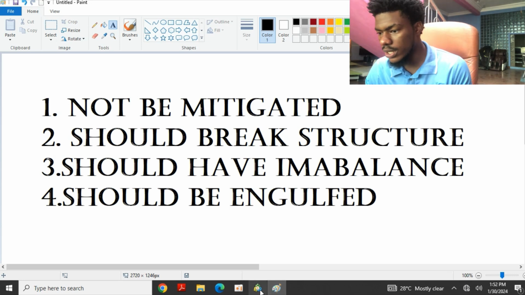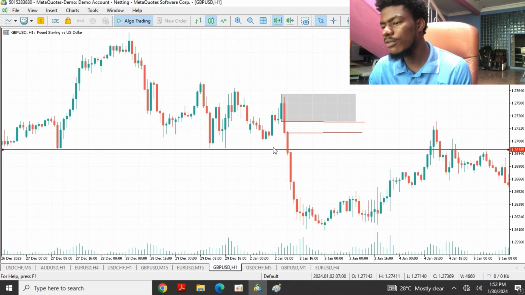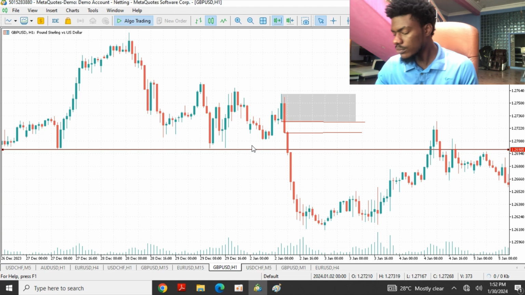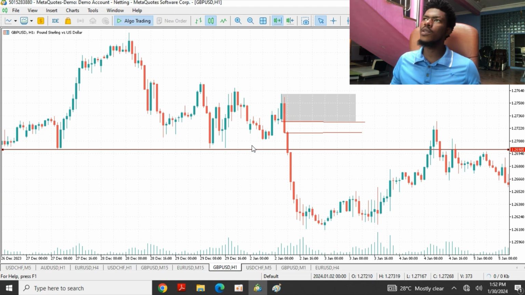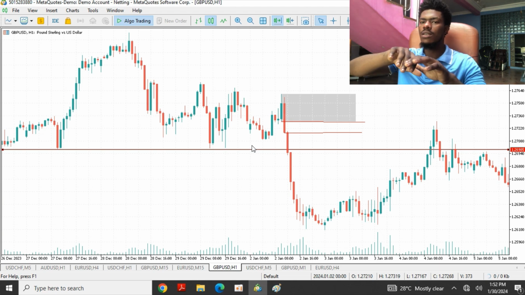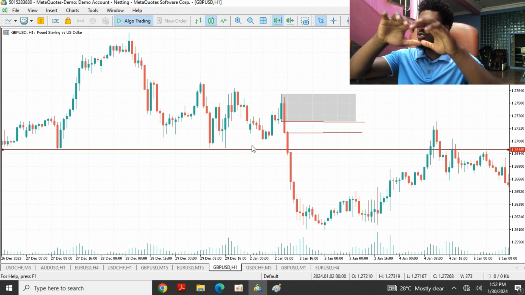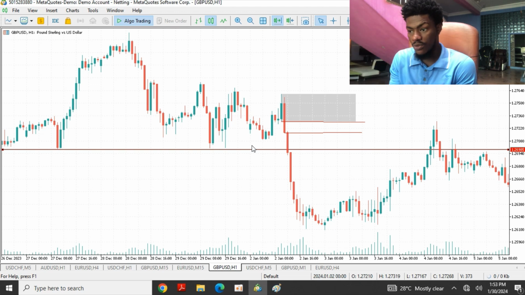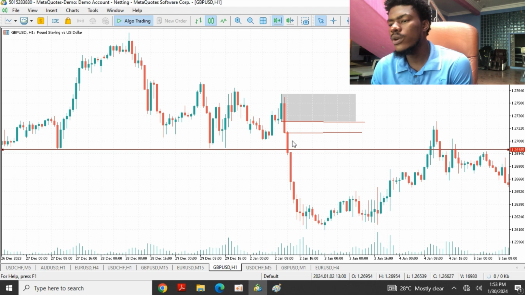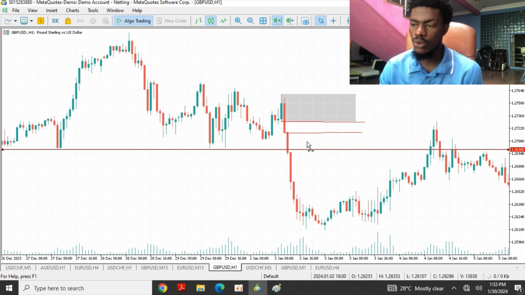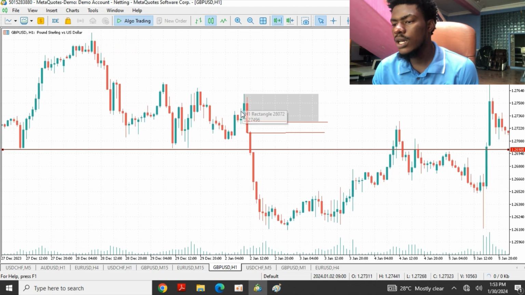Now you have to pay good attention here. This is what an engulfing means. When you say engulfed, it means when something is wrapped, like when something is covered, you understand? And when you apply that term to candlesticks and charts, now this is your order block.